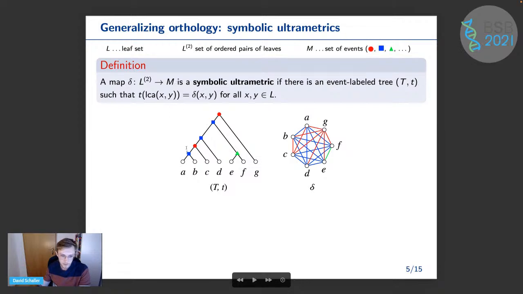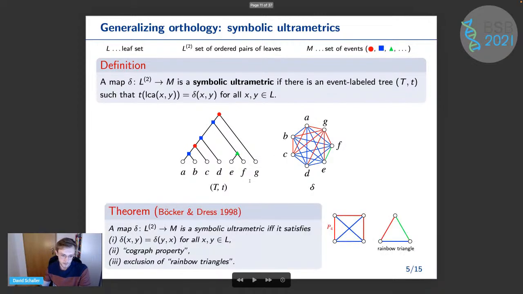And we simply do this by assigning to all pairs of leaves the type of event of their last common ancestor. So this is still a symmetric map, and it can be represented by an undirected graph, except now we have a complete graph, and we color all edges according to the type of event at their last common ancestor. And a map that can be explained by a tree in this sense is called a symbolic ultrametric.